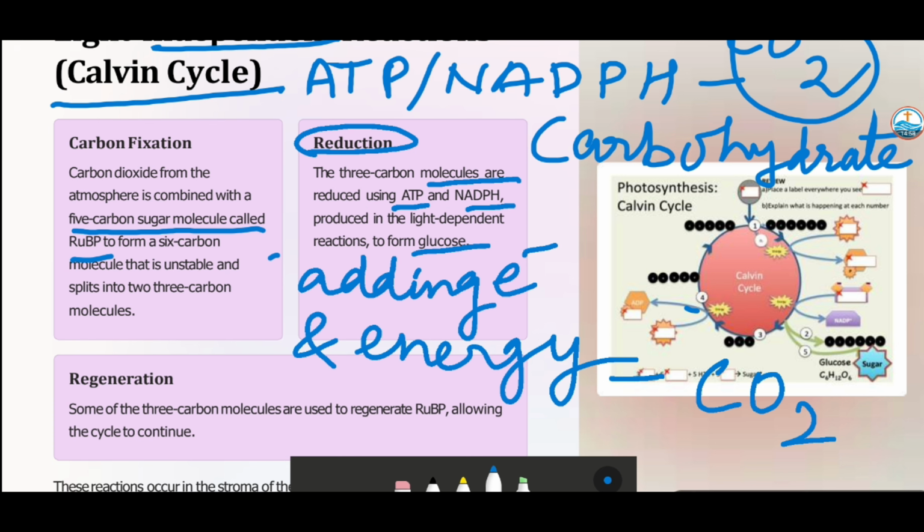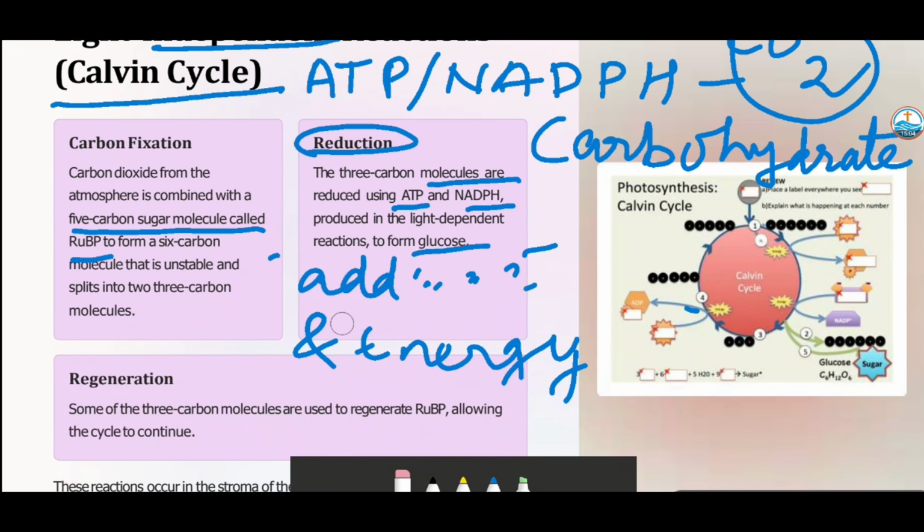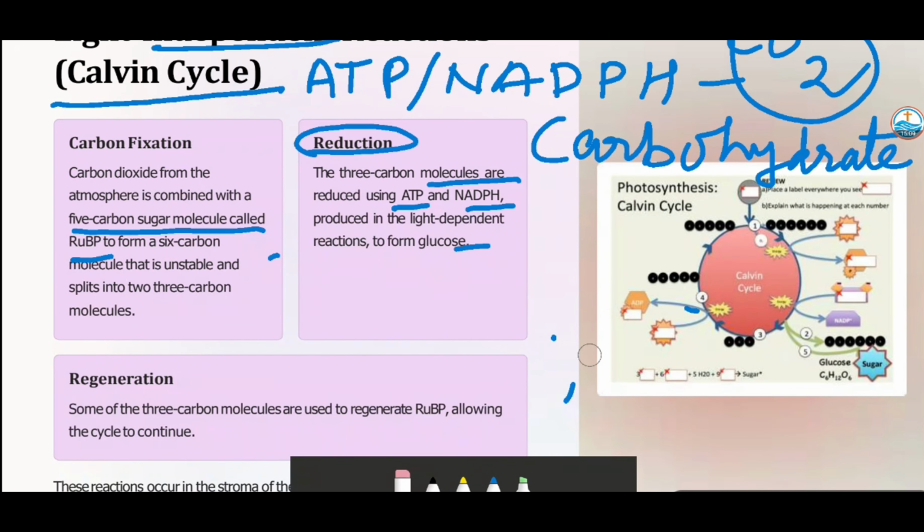So what happens? The electrons are added from NADPH. It will be something like this.